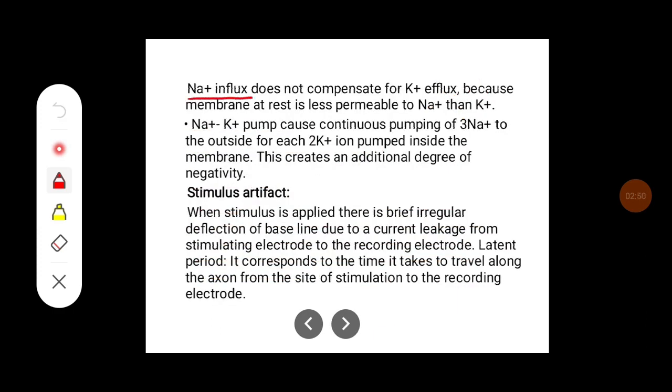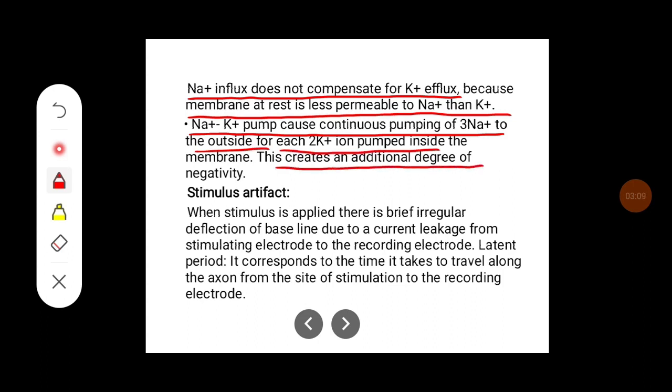As we said, sodium influx does not compensate for potassium efflux because the membrane at rest is less permeable to sodium than potassium. And also the sodium potassium pump causes continuous pumping of 3 sodium to outside for each 2 potassium ions pumped inside. This also creates an additional degree of negativity, and that is the basis for the resting membrane potential.